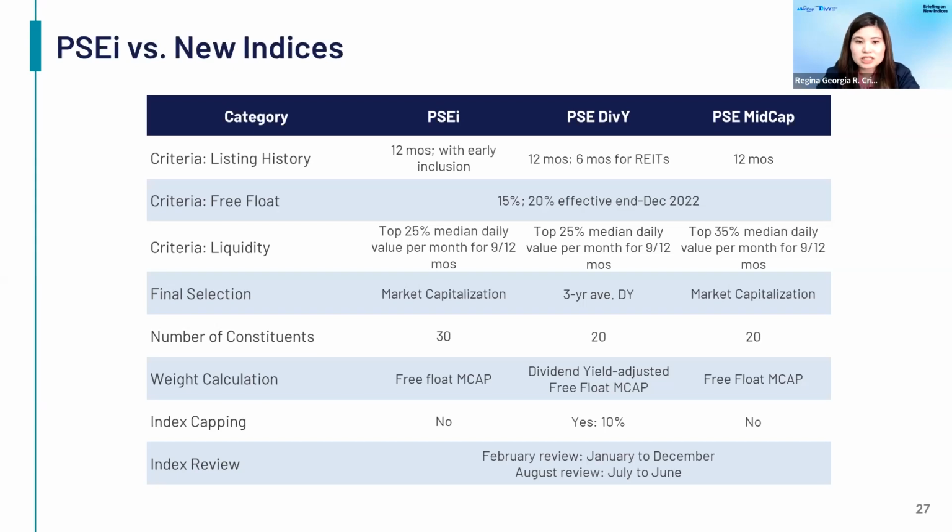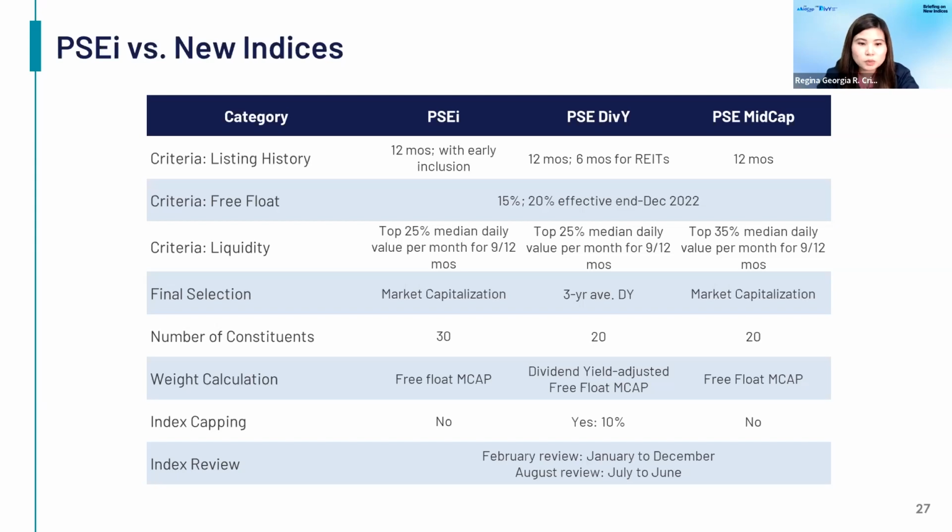In terms of final selection, companies are ranked according to market capitalization for the PSEi and the PSE MidCap, while for the PSE Dividend Yield, companies are ranked according to 3-year average dividend yield. In terms of number of constituents, the PSEi has 30, while the PSE Dividend Yield and the PSE MidCap both have 20 constituents.